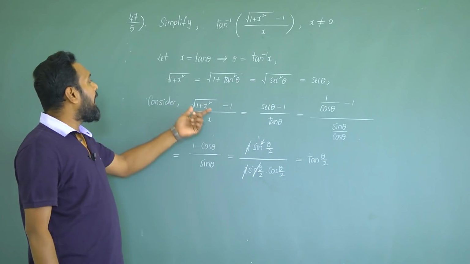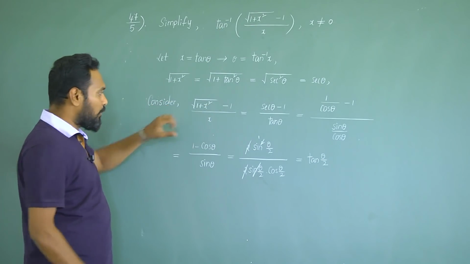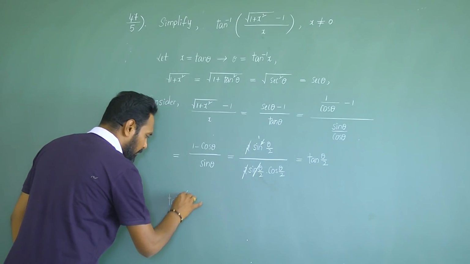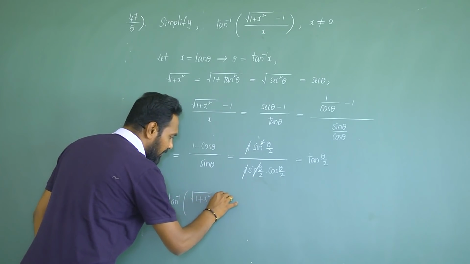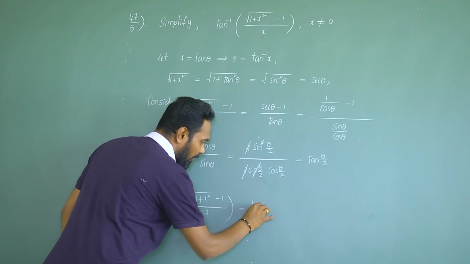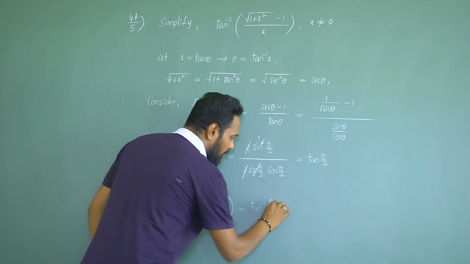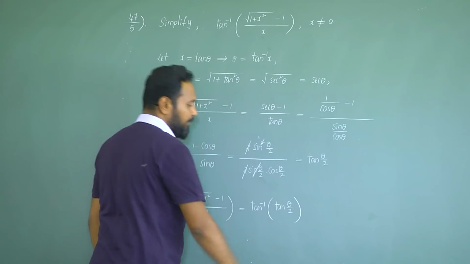So I need to consider tan inverse of this function. If I consider tan inverse of root of 1 plus x square minus 1 by x, it equals tan inverse of what we got, the simplification of the bracket function, which is tan theta by 2.